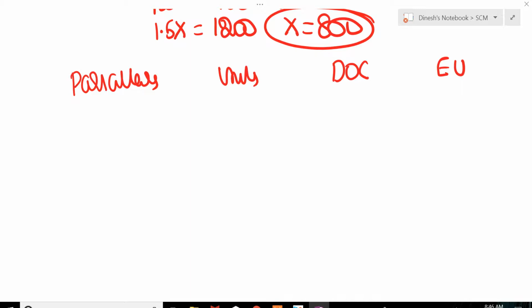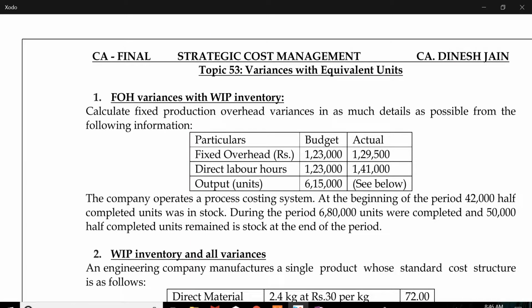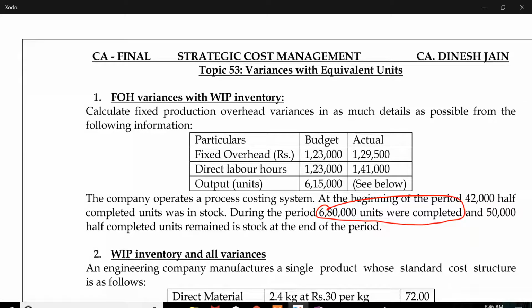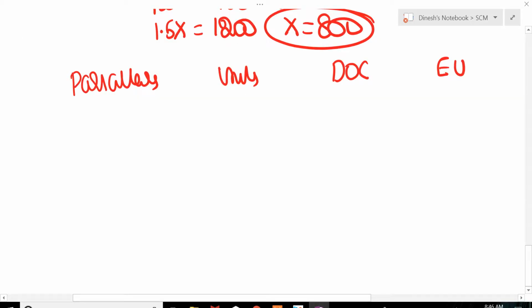Now in process costing, how many units have been produced by the company? 6,80,000. Now this 6,80,000, some of them will come from last year, some of them will be produced in the current year. What was the opening WIP? 42,000. Now please listen for some time.